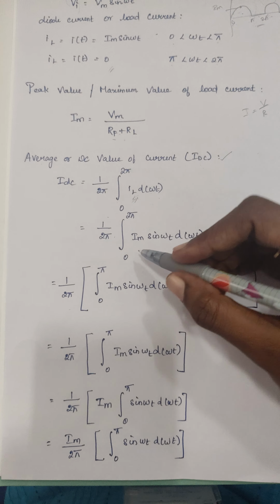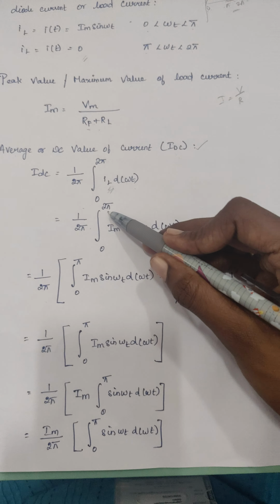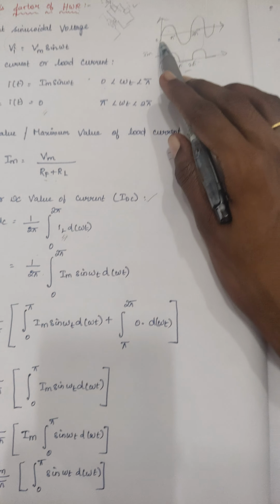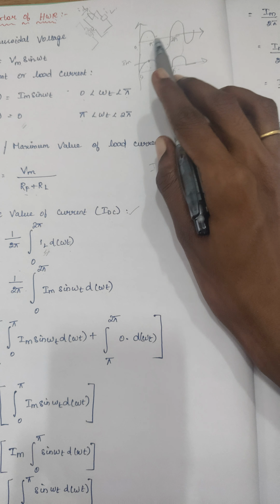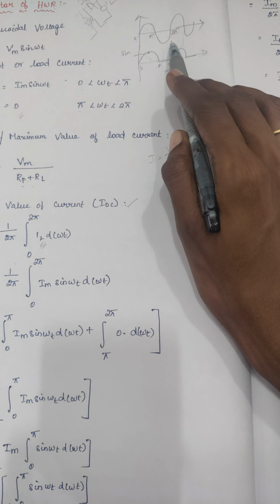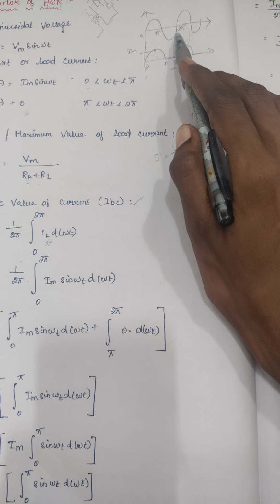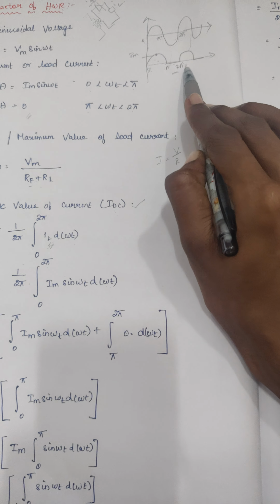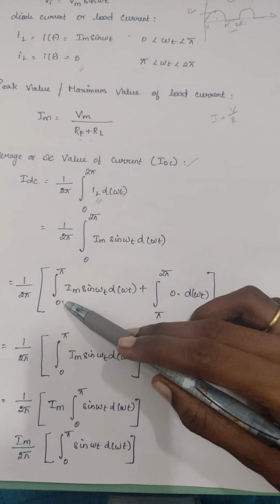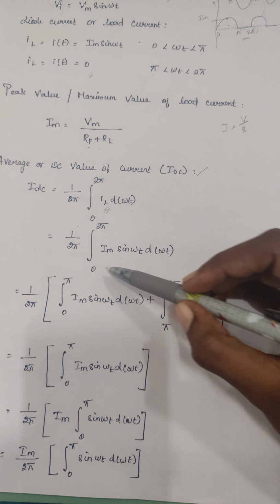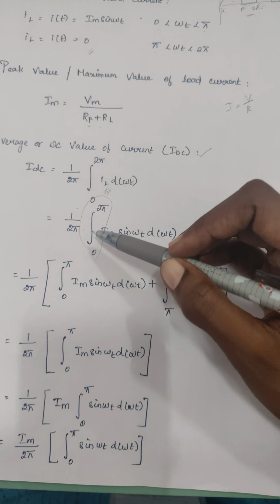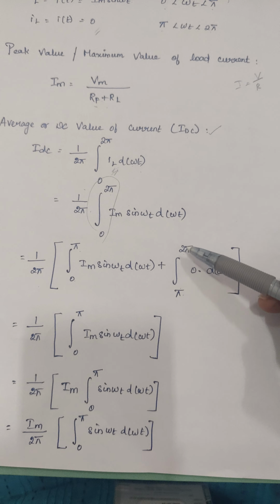Now you can split this 0 to 2 pi into 0 to pi and pi to 2 pi.